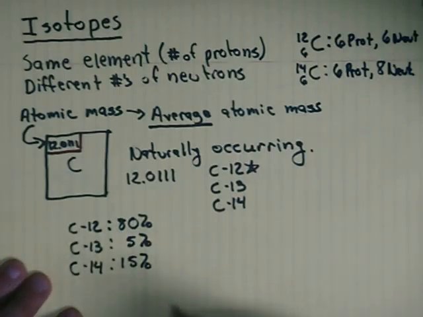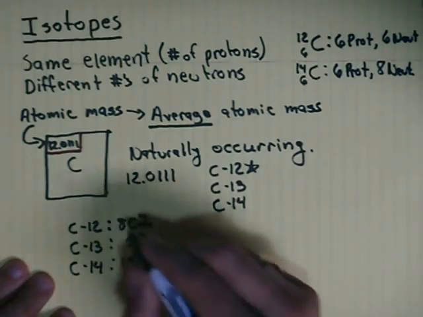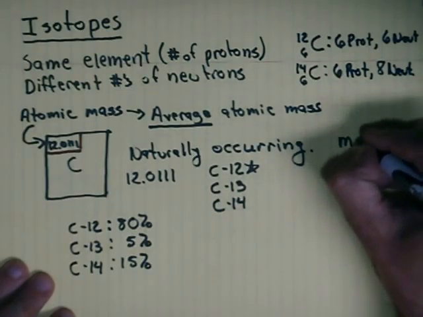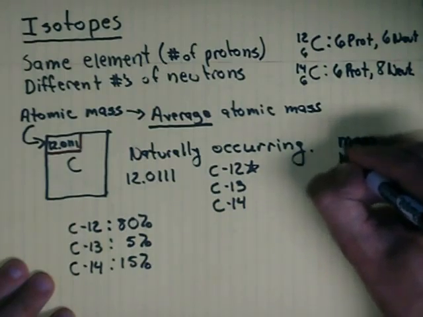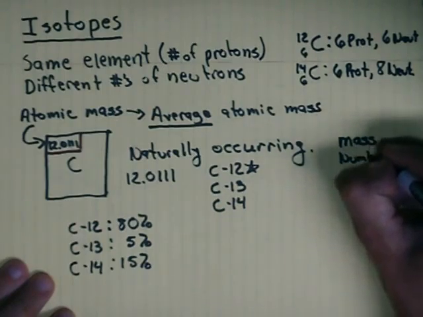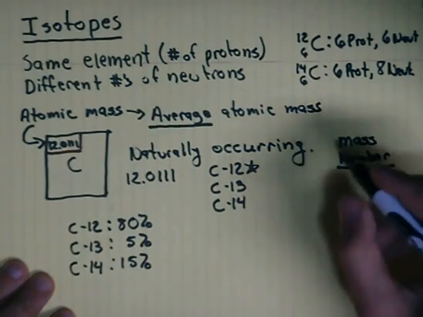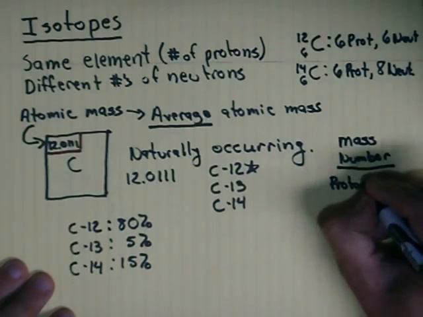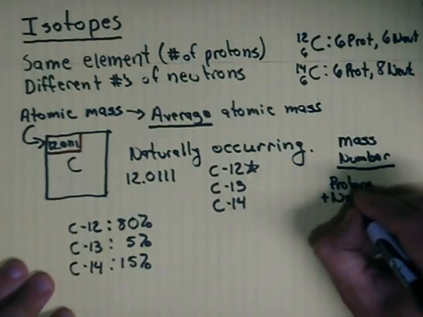So what would that average be? What we do is we use the mass numbers. When we talk about mass number, all that is protons plus neutrons.